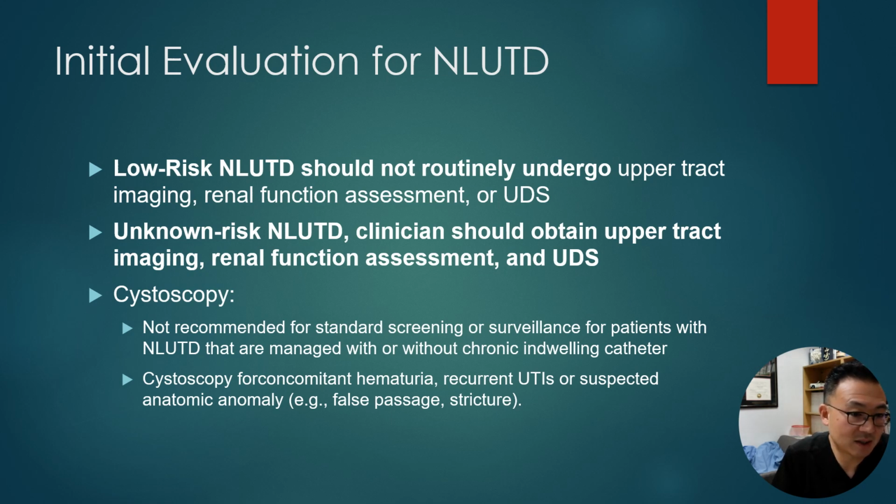Cystoscopy is not recommended for standard screening or surveillance for patients with neurogenic issues that are managed with or without chronic indwelling catheters. However, cystoscopy should be performed for concomitant things such as hematuria, recurrent UTIs, or suspected anatomic anomalies such as false passages or strictures.